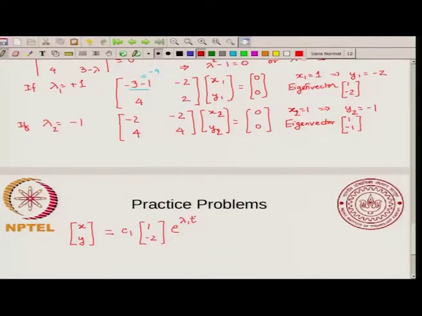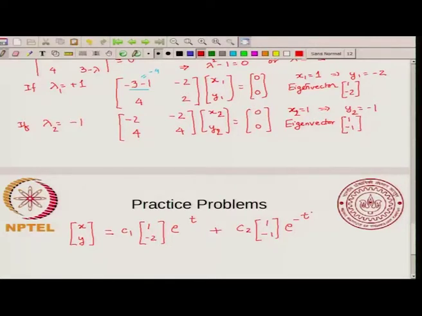Lambda 1 is just 1, so e raised to t. And the second term is C2 (1, -1) e raised to minus t.